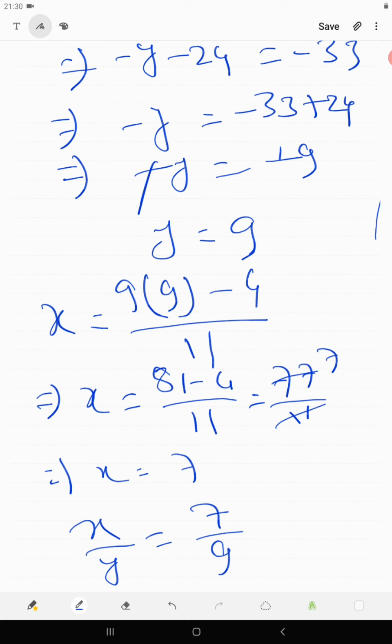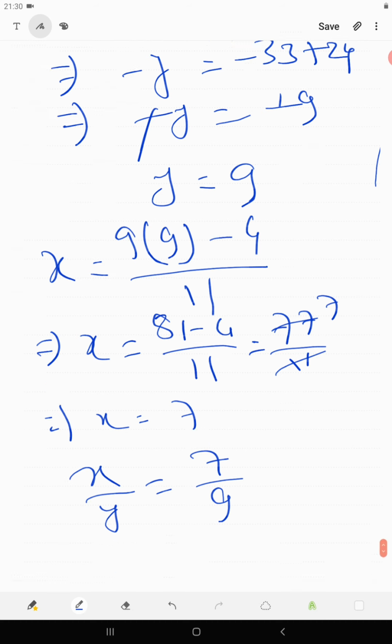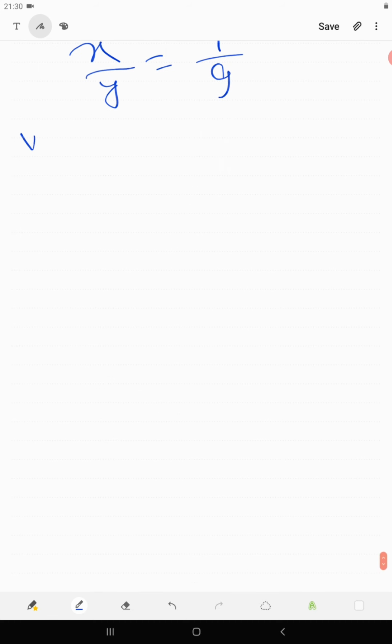Okay. Now the last problem of the exercise. What is it telling? It is telling 5 years hence, which means future, the age of Jacob will be 3 times that of his son. Okay. So whenever an age problem is there, it's easier to go through the current age.